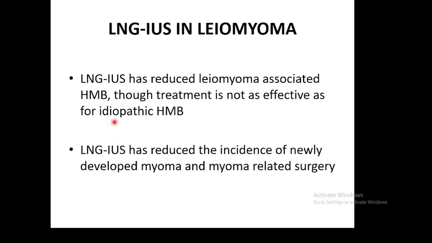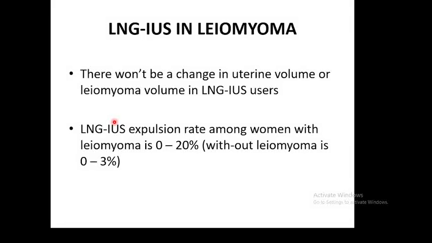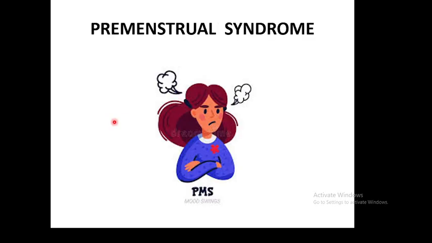The problem is if there is a cavity distortion with the fibroid, there's a high expulsion rate of the device. The LNG-IUS expulsion rate among women with fibroids is up to 20%, but it is up to 3% when there are no fibroids in the uterus.